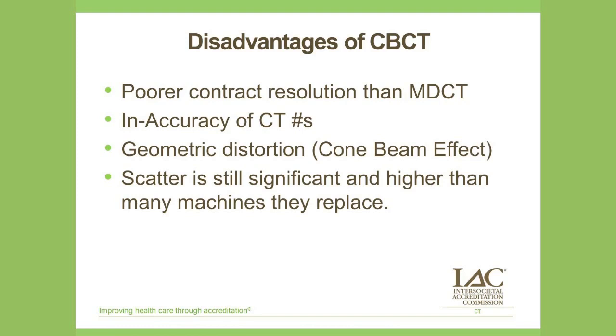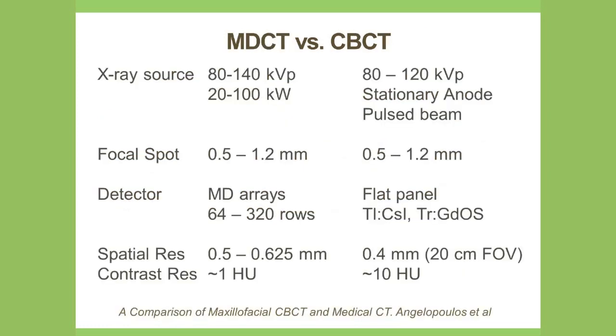But if you're going to have to differentiate between many different kinds of tissues, then a multi-detector CT would be better. Cone beam CTs also have an inaccuracy of CT numbers, and you don't get the ability to specifically identify certain tissues that you would get in a multi-detector CT. There is some geometric distortion that we call the cone beam effect, and scatter is still significant and higher than many machines they replace. Sometimes in a dental practice, they would replace a panoramic unit, for example.